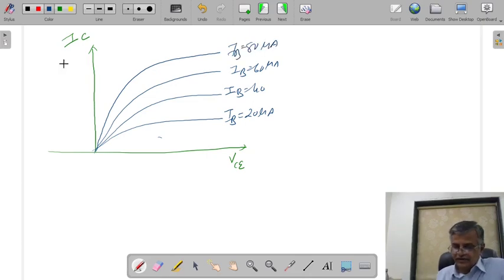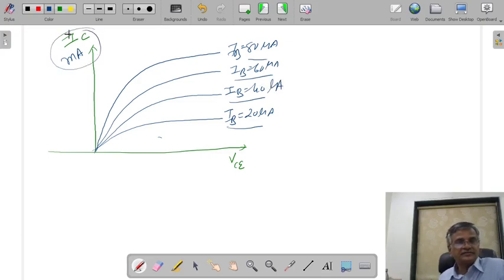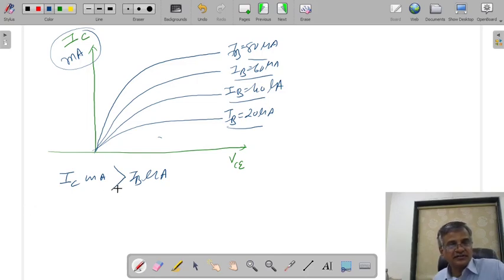What does this graph indicate? First, this is your input current, and this is your output current. What does it mean? The output current is in milliamperes, the input current is in microamperes, so the collector current is always higher than the base current.